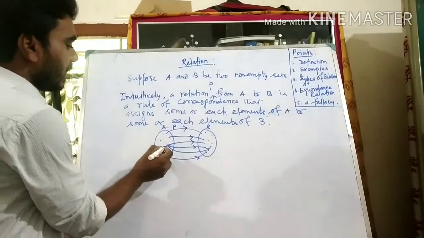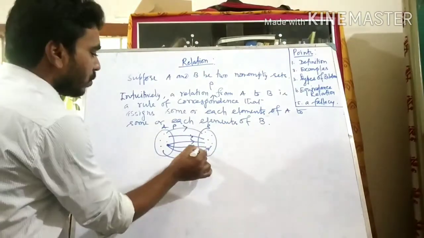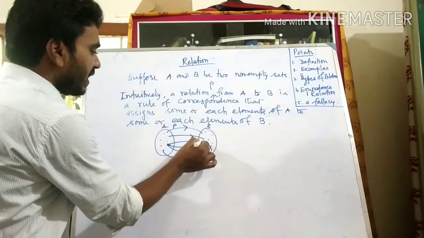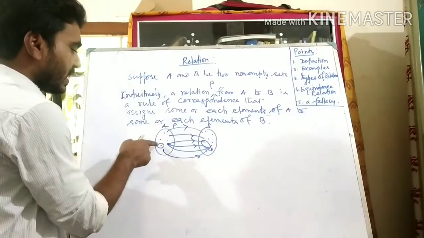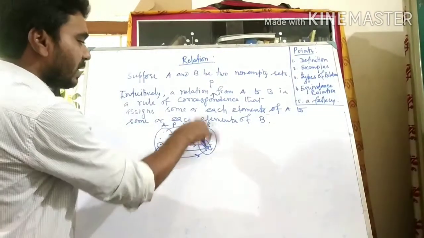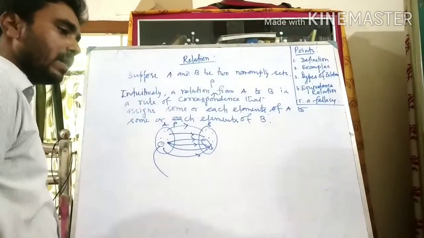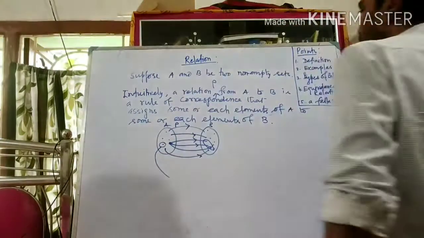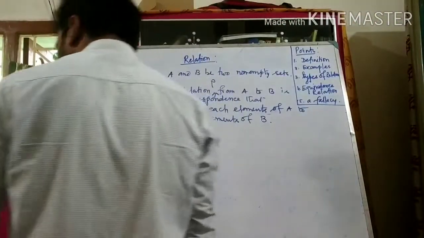For example, you see this element of A is related to 3 elements of B, whereas this element is not related to any element of B under this relation. So both the cases may happen in a relation. So this is the intuitive definition of a relation.